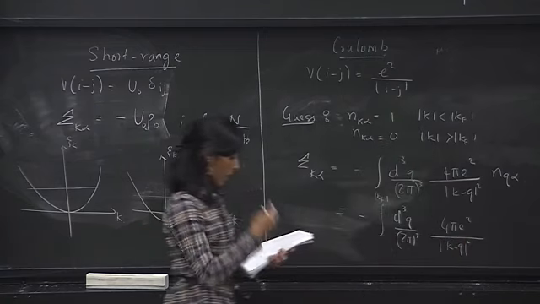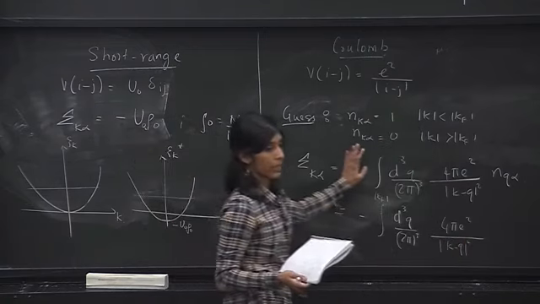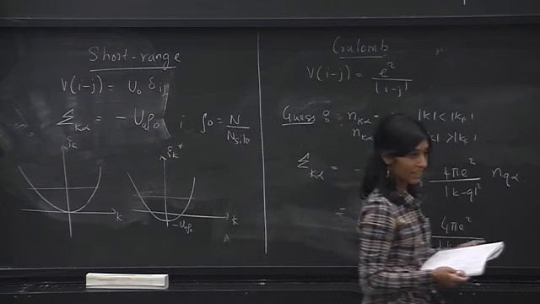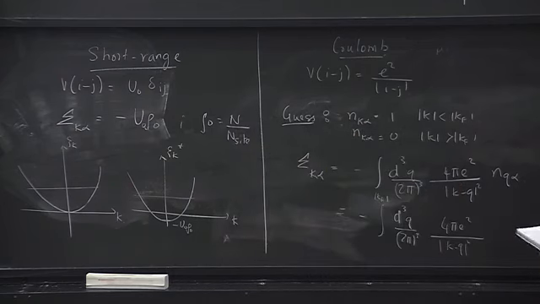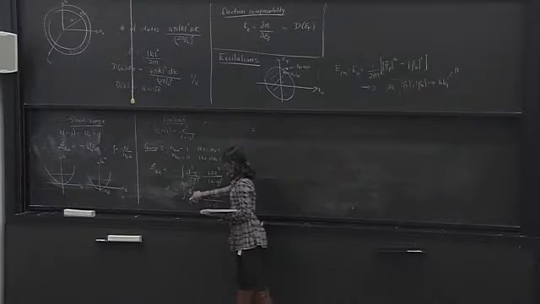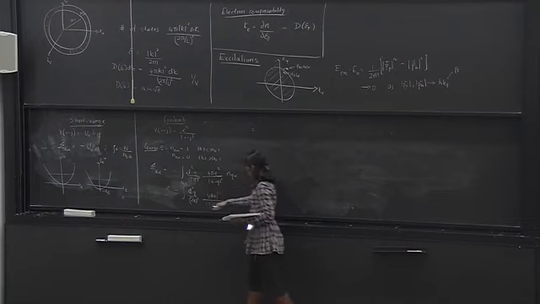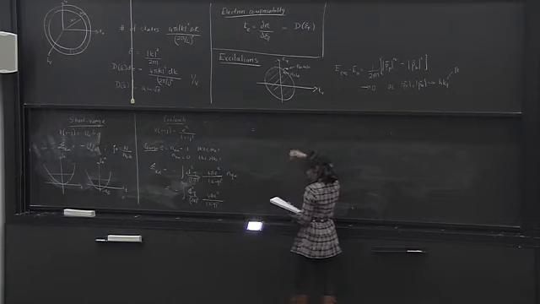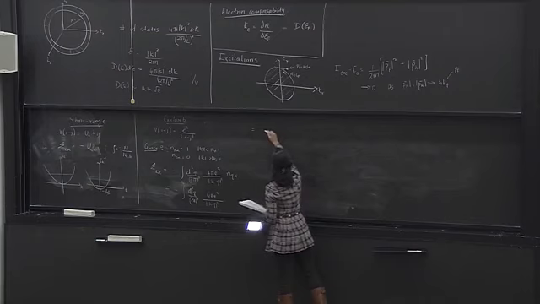Okay, so now you can just plug this integral into Mathematica after a few steps of simplification. So I'm not going to do it on the board. You can do the integral, write this thing out as q squared dq, do the cos theta integral, etc., and you get this answer.